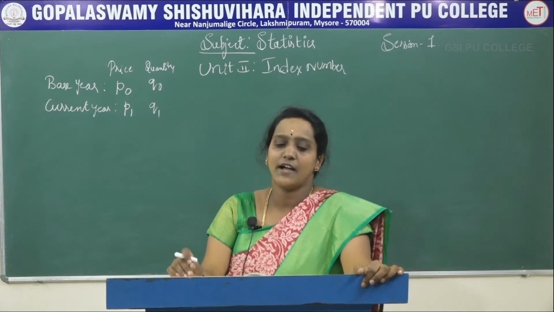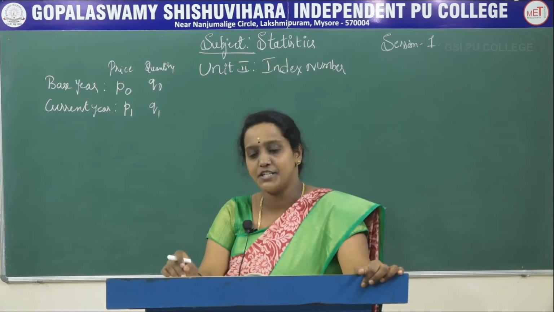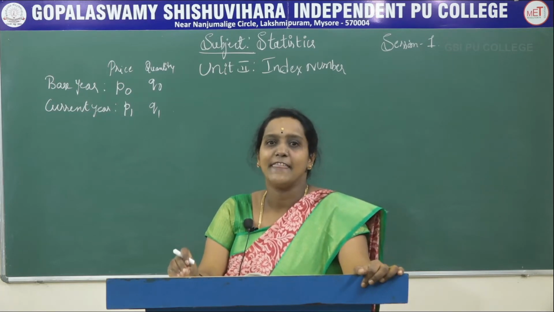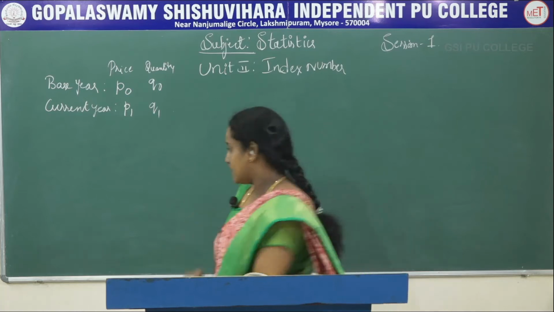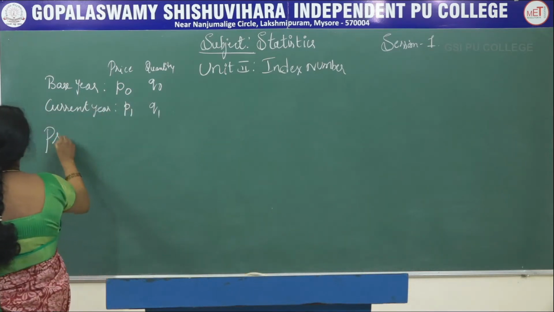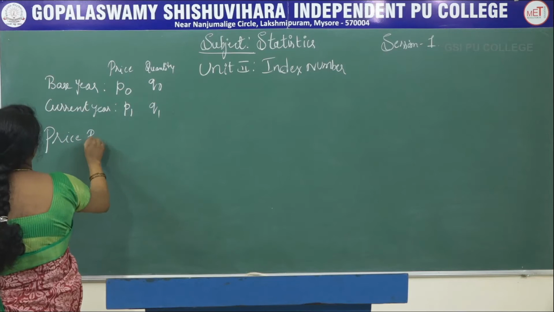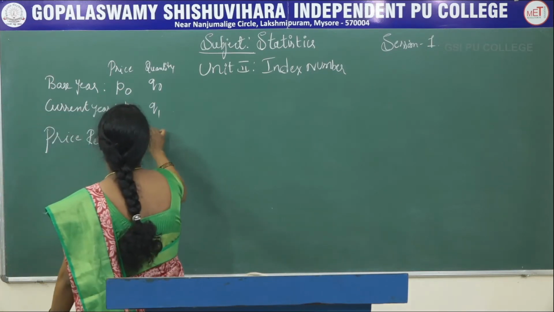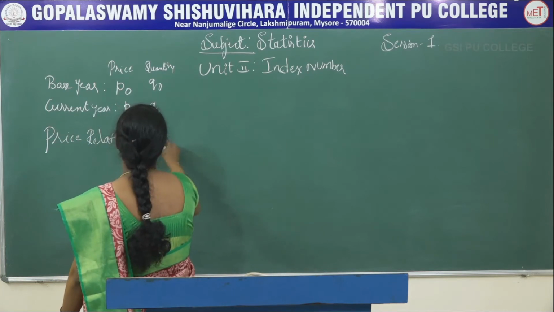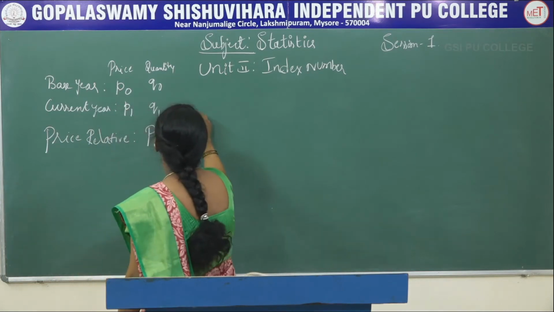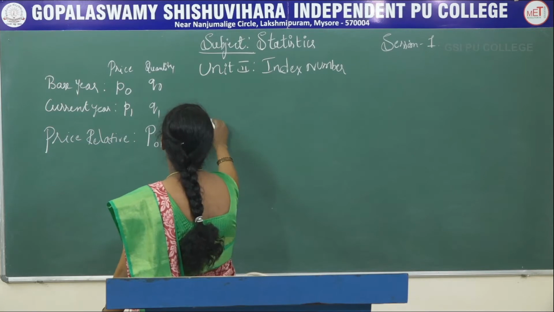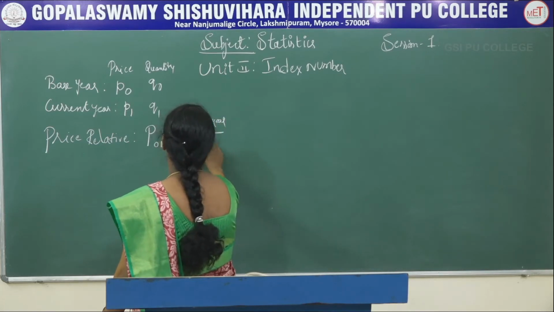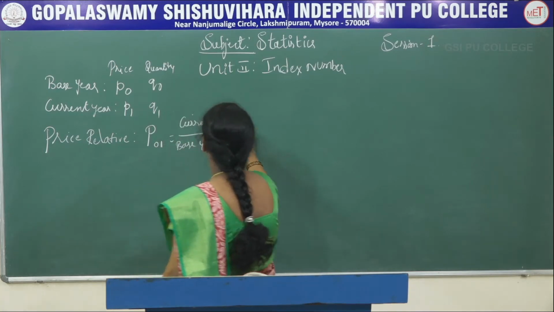The price relative is defined as the price in the current year expressed as a percentage of the price in the base year, and this price relative can be written in the form of capital P01 is P1 divided by P0 into 100, that is current year divided by base year into 100.